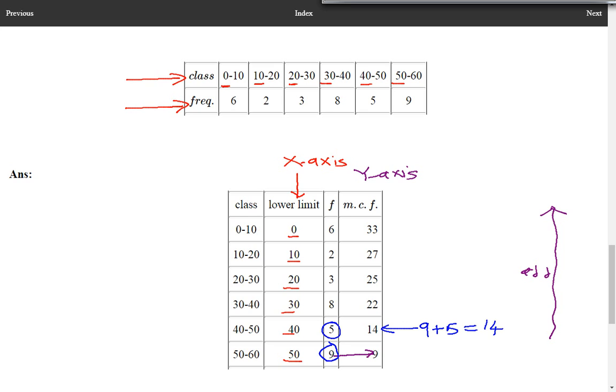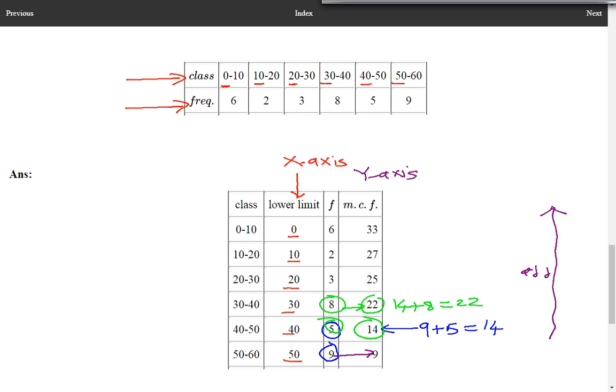Then how is 22 obtained? 22 is obtained as 14 plus 8 equals 22.